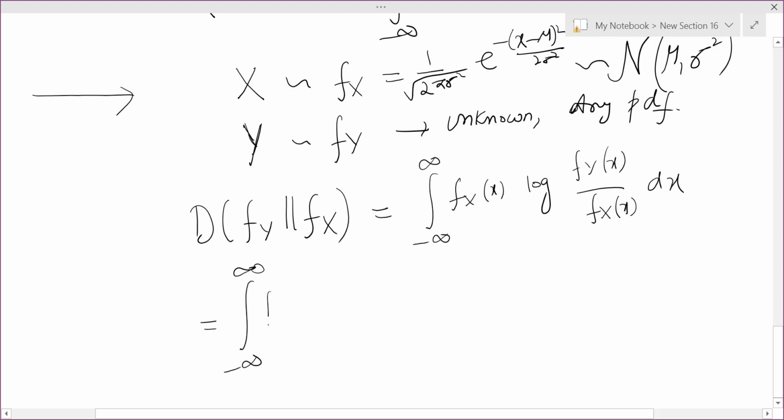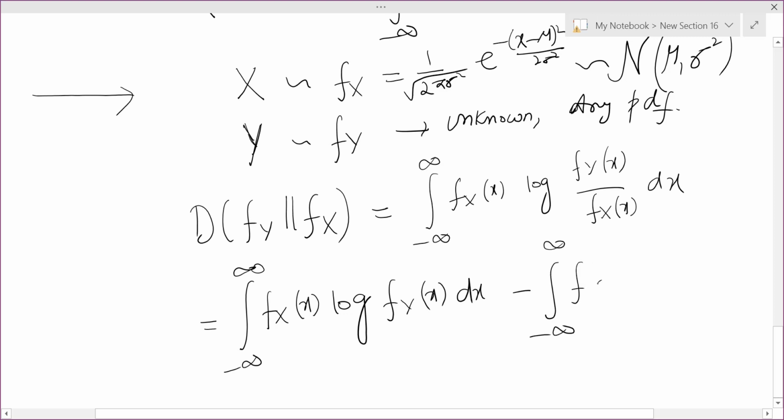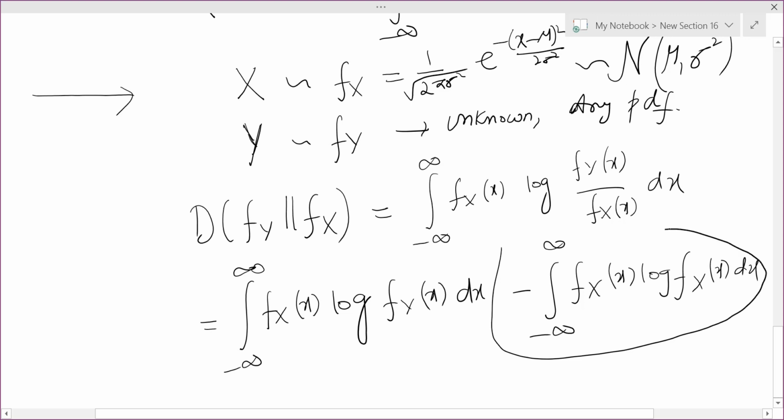I will not change anything here, so it will become the integral of fx of x log of fy of x dx minus the integral of fx of x log of fx of x dx. What is this quantity?